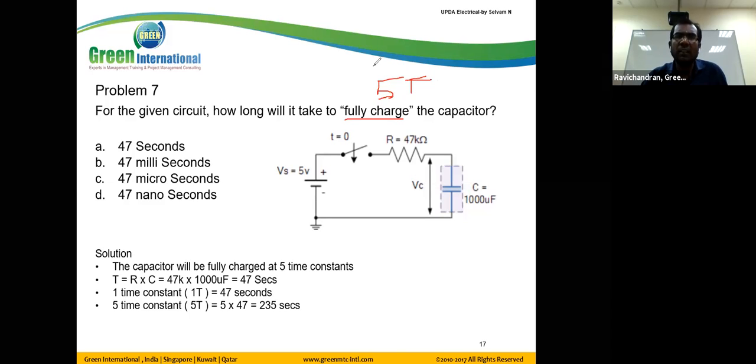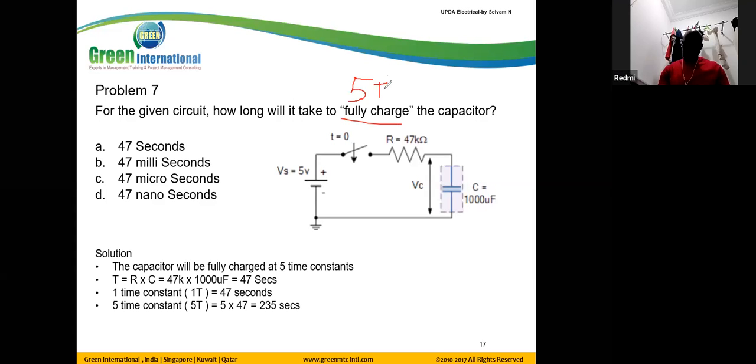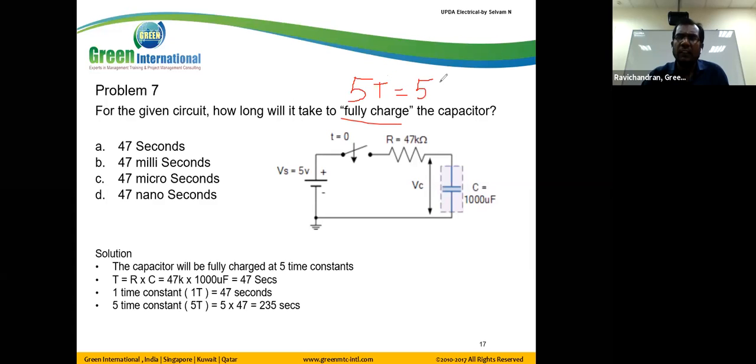So fully charged is 5T or 5 tau. First we find the time constant tau, which is equal to RC, 47 seconds.